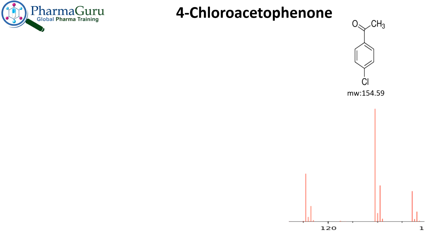Now I am going to explain the presence of a chlorine atom in the structure, taking the example of 4-chloroacetophenone. This molecule can easily be analyzed in ESI positive mode. First I will discuss the M plus H m/z peak for each isotope.